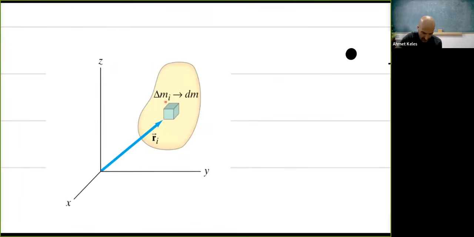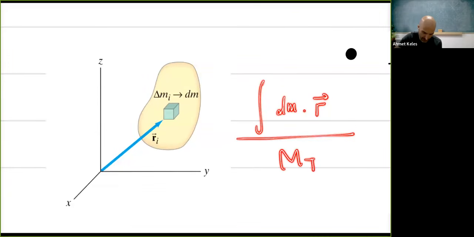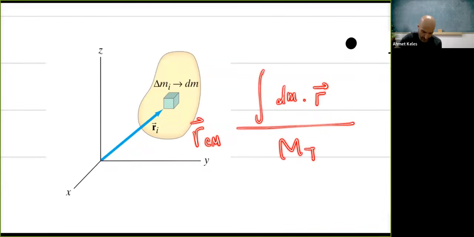And this discrete index turns into this differential in the integral, and I integrate over the m times its position. And if I divide everything by the total mass, that's my center of mass. It's complicated, but it's not. I think the integral is a psychological barrier for a lot of people, so I think we should get used to that.